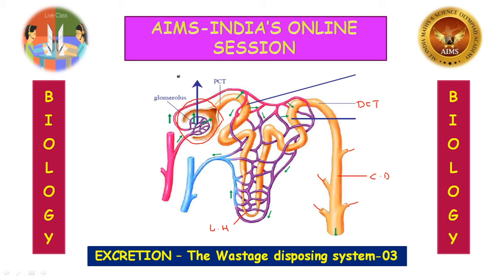This one, this is the first step, glomerular filtration. The second step is tubular reabsorption, and the third step is tubular secretion. Tubular secretion. Okay, are you ready, children? Let us go and study the entire process of formation of urine in detail. Let us proceed.